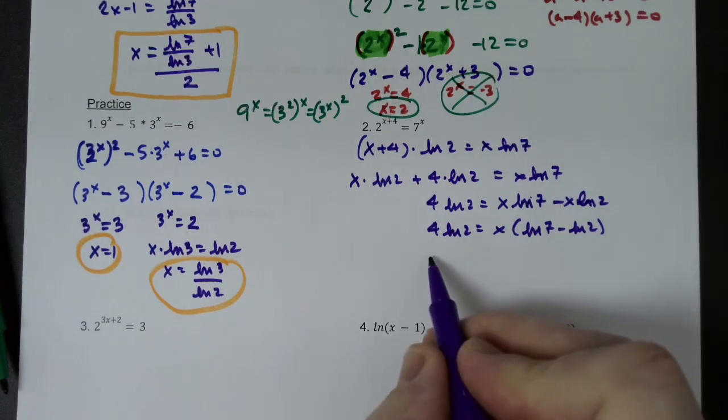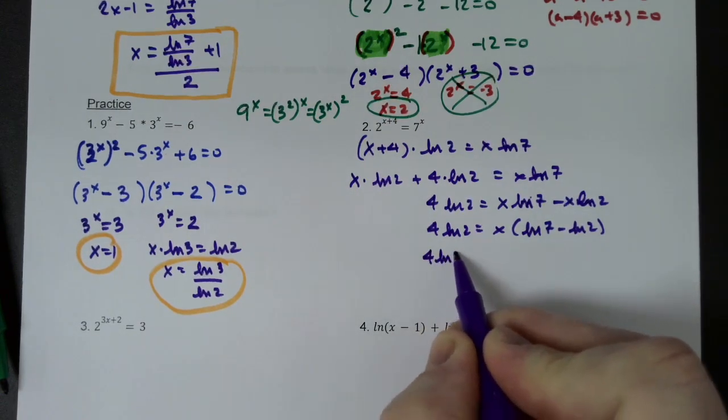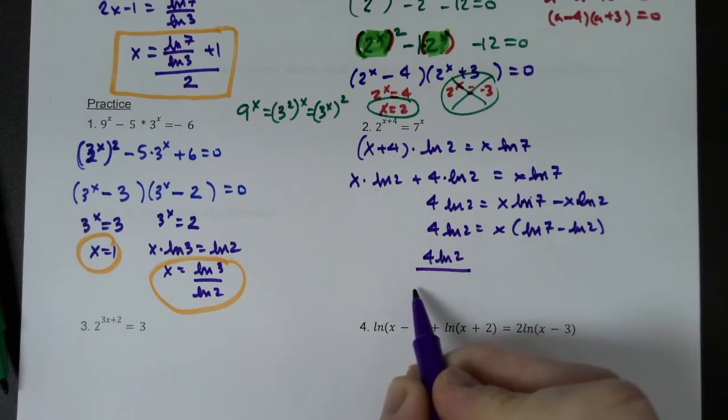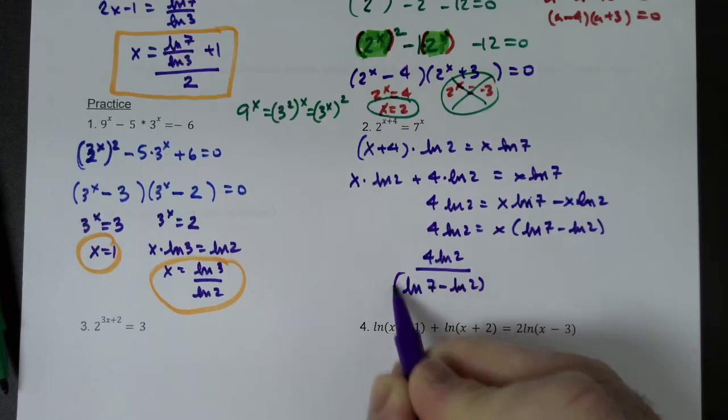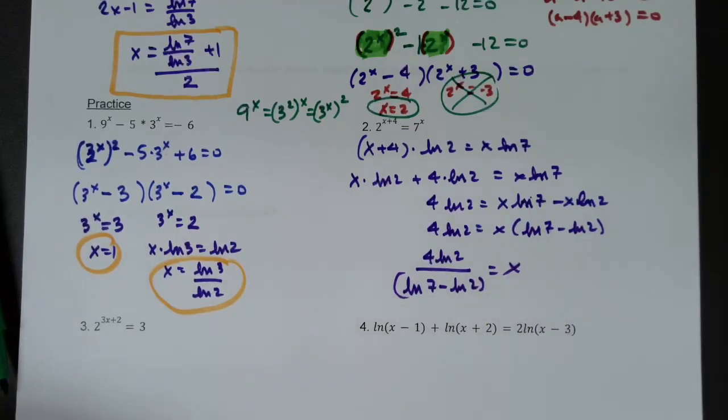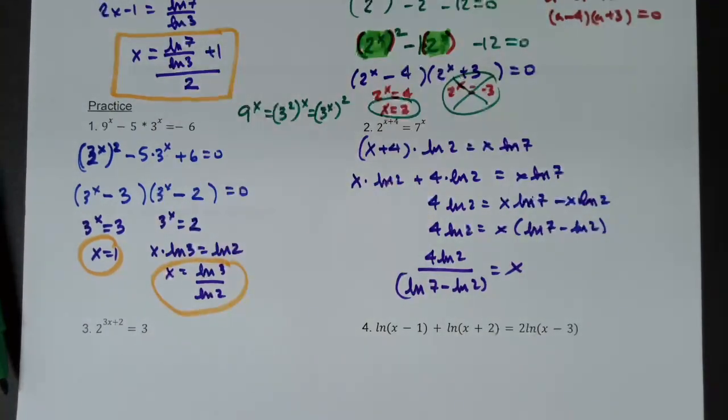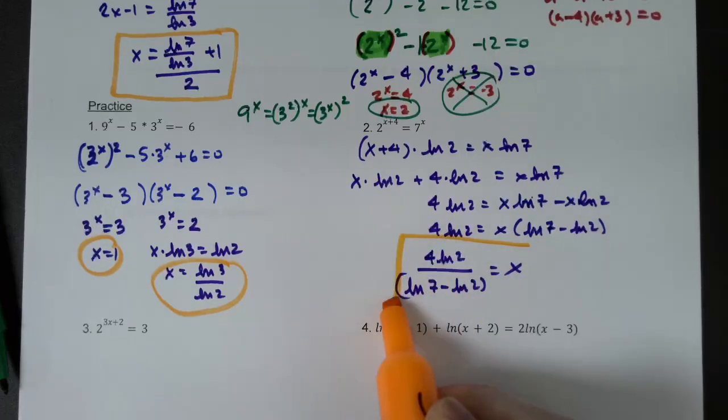And then I think we have it. 4 times the natural log of 2 divided by the quantity of the natural log of 7 minus the natural log of 2 equals x. Final answer.